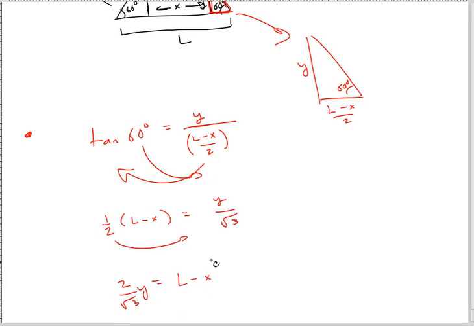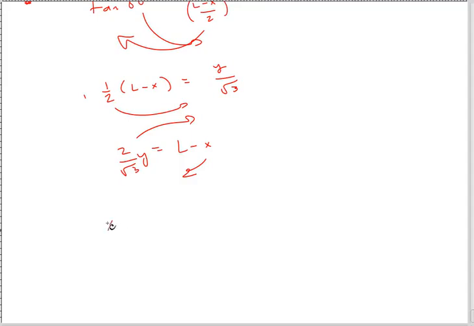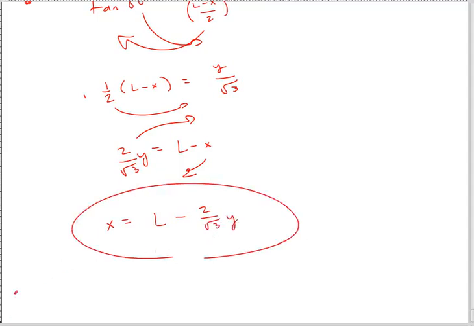I guess I could solve for X. So if I move this over and move the X over, and you could solve for Y as well. I mean, either way. On my paper, apparently I solved for Y. But you're going to need an X anyways. So my X is equal to L minus the 2 over square root 3 Y. Let's hang on to that guy for a little bit.